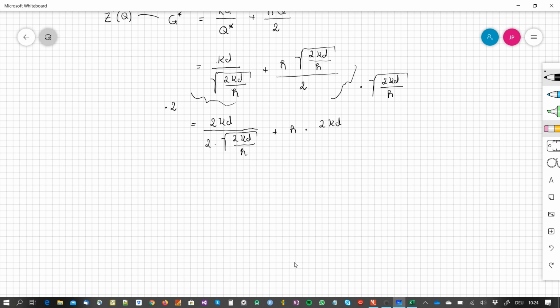So if I multiply here this term 2 times, then I lose the square root. And I add it in the denominator. And you see that here we get rid of the h. And you see that now we have the same denominator here, so we can bring these two together.